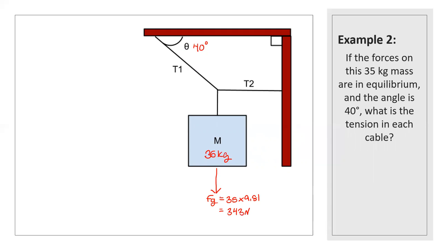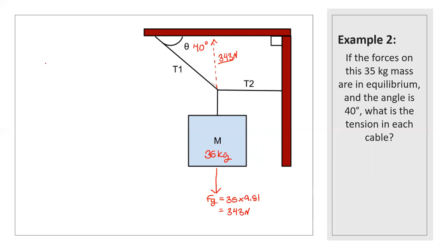If that is the downward pull from gravity, there must be a supporting upward force of 343 newtons. Now, all of the upward force is given to us by tension 1, or cable 1.